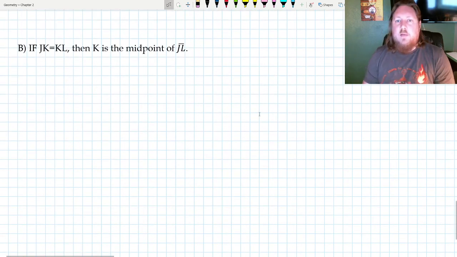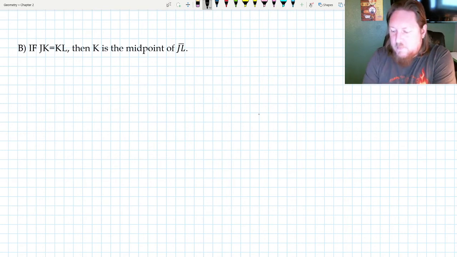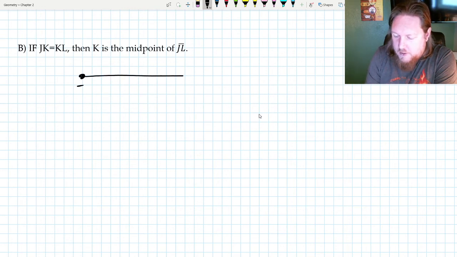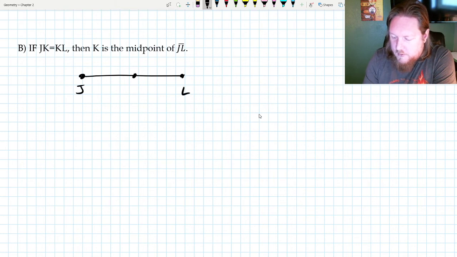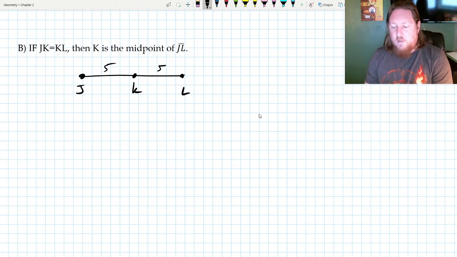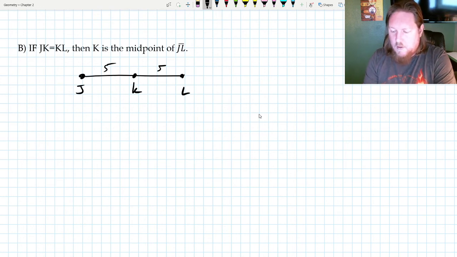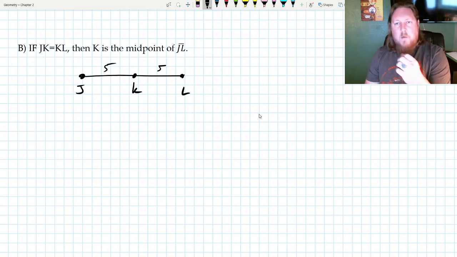Next one. If jk equals kl, then k is the midpoint. So if I've got a line, and I've got j and l, and let's say jk is 5, and kl would also have to be 5, because their measures have to be equal, then it seems like, yeah, k should be the midpoint, right? So what would make k not the midpoint? What if it wasn't collinear? Right now they're collinear.